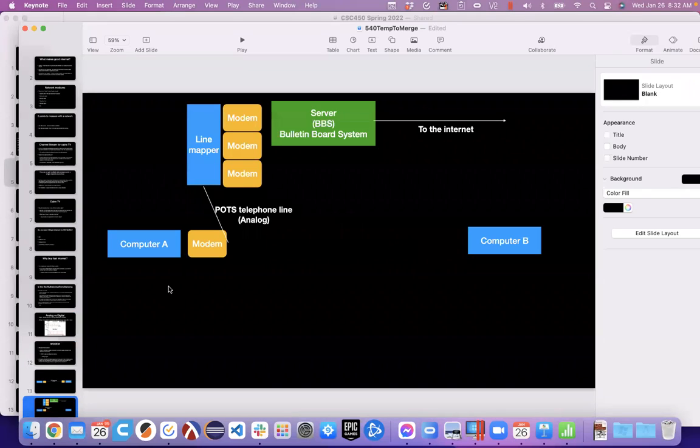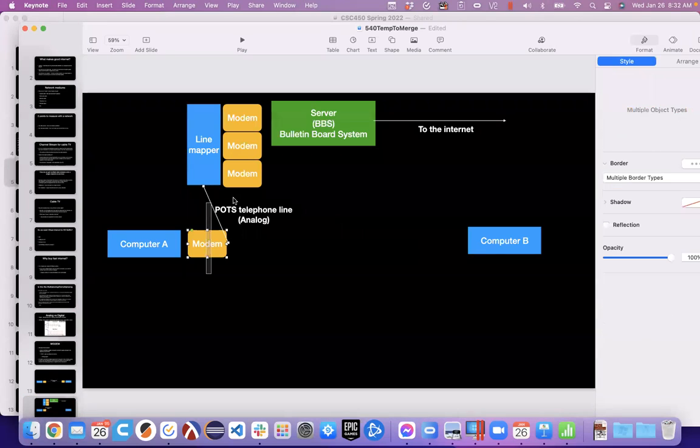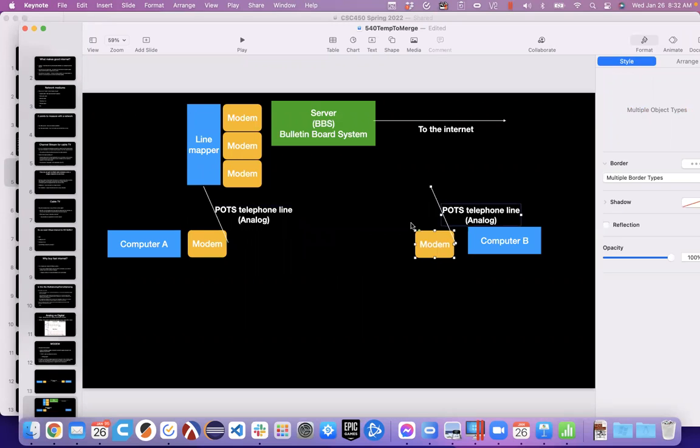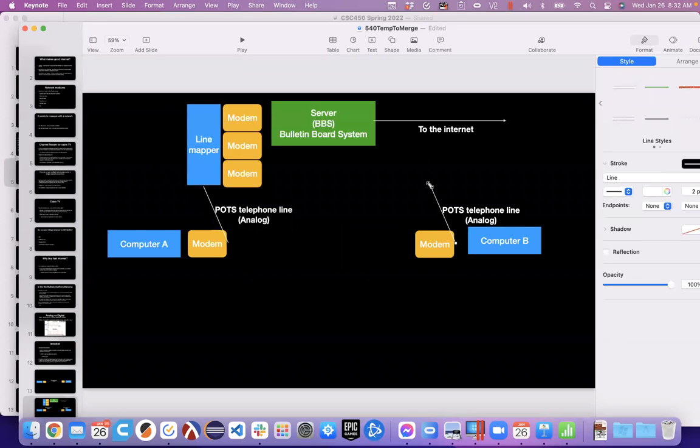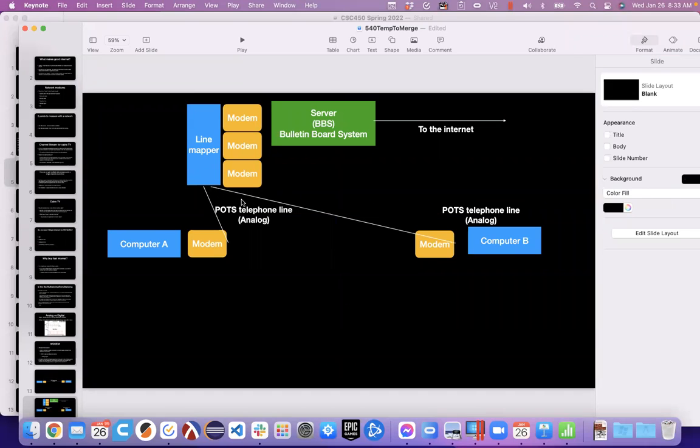So in the early days of the internet, our computer would talk to this, and here, I'll just make a duplicate of this guy over here. Computer B would also talk to the line mapper, and he would get a communication with a modem.